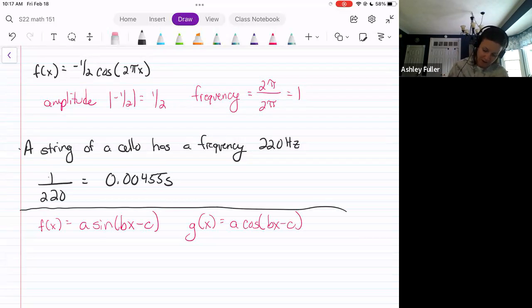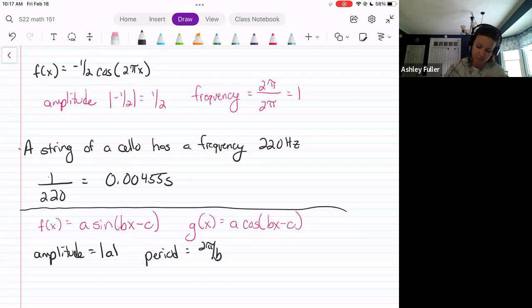We already defined the amplitude is the absolute value of a. The period is 2 pi over b, or the frequency is b over 2 pi. And then the phase shift is equal to c over b.